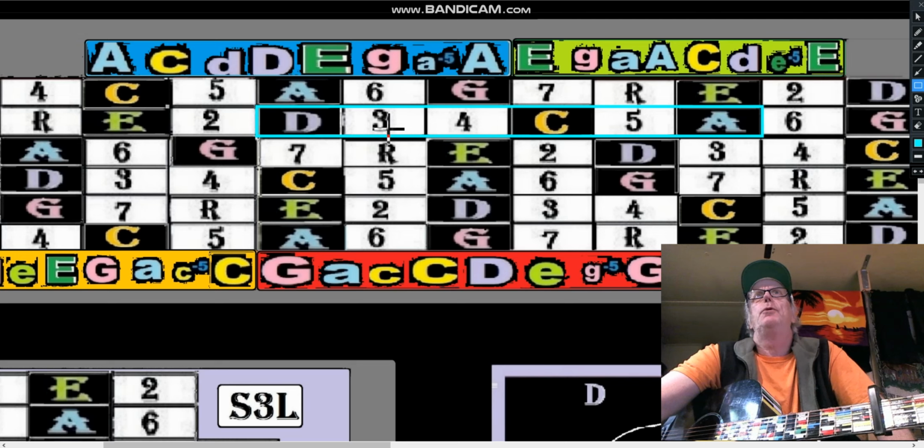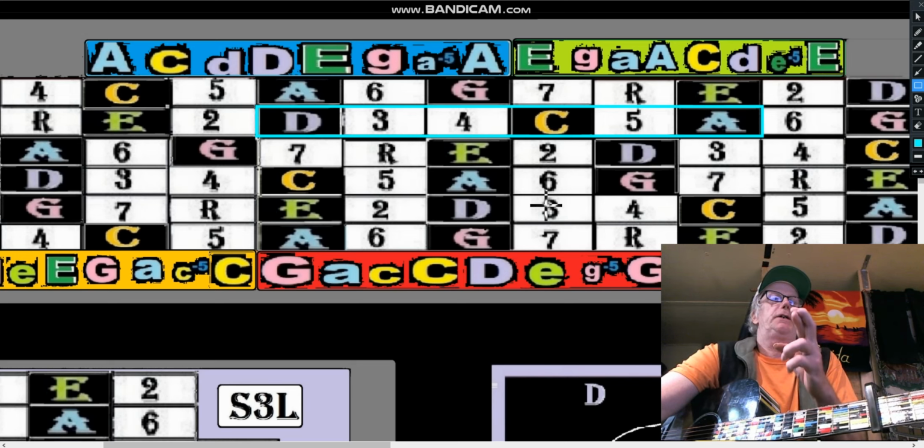So the 3, 4 is shared with this D shape, 2, 3, 4. But this belongs to the C, the 3 and the 4 and the 5, because that is what it's in between. Any letter is in between either 2 notes, like A is in between 2 separate notes, or 1 note and a shared pair of notes.